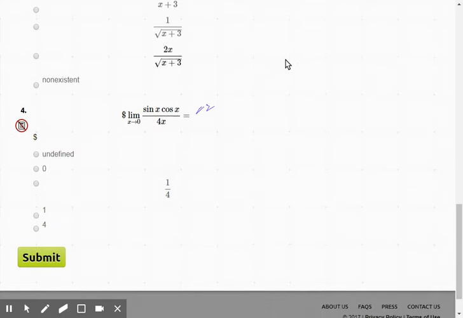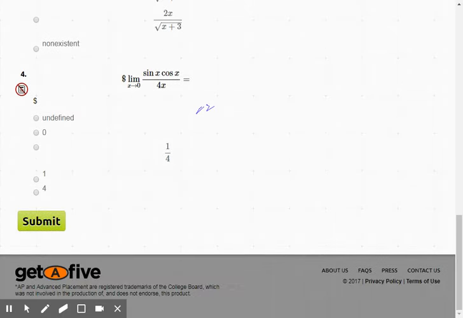Okay, number 4. All right, so this is the one where you've got to take what you know and manipulate it. So we're going to break this up, because I see sine x over x. So I'm going to pair those together. And I'm going to put cosine here, and I'm going to put that 4 as a 1/4.